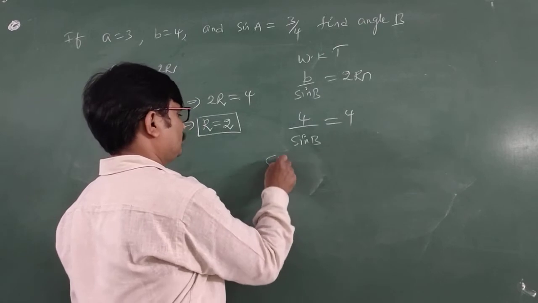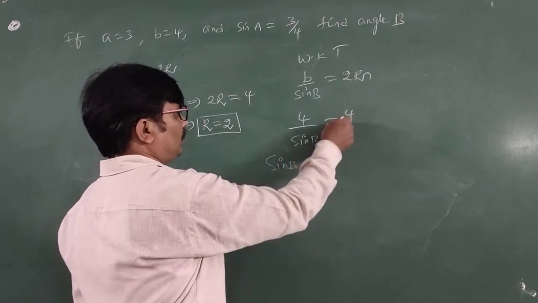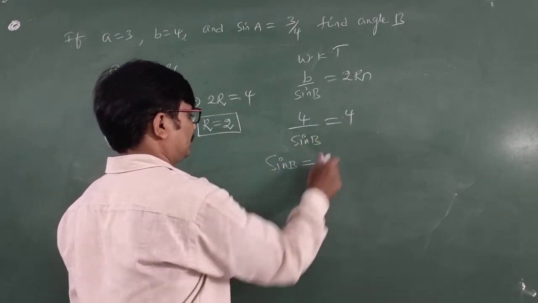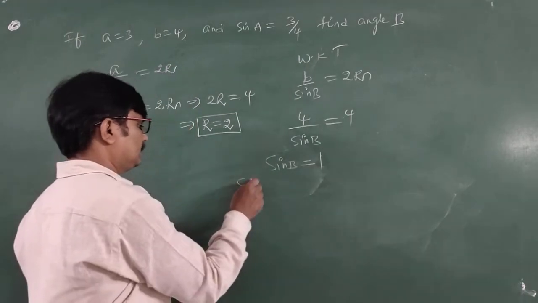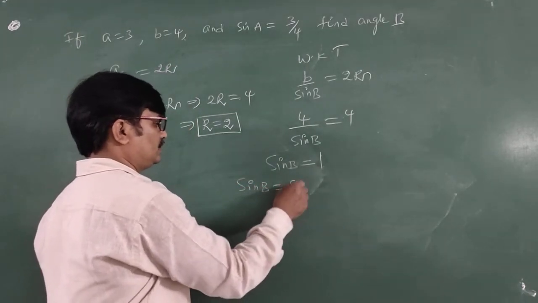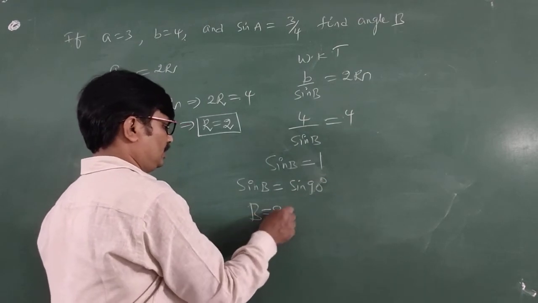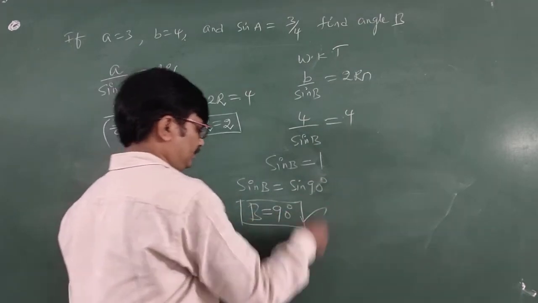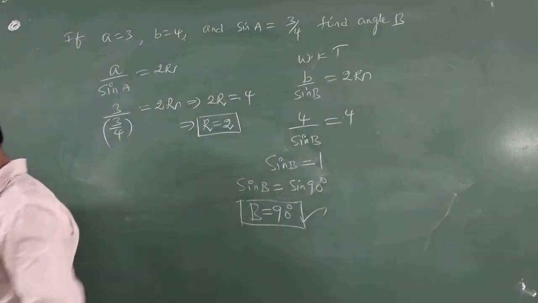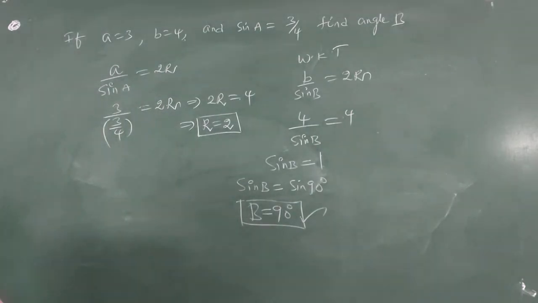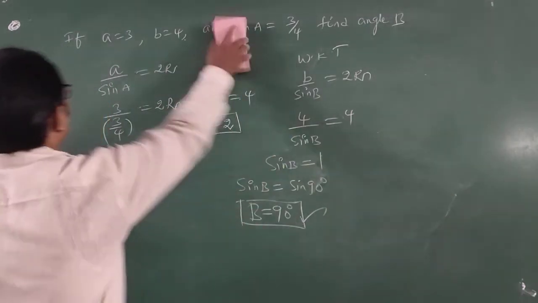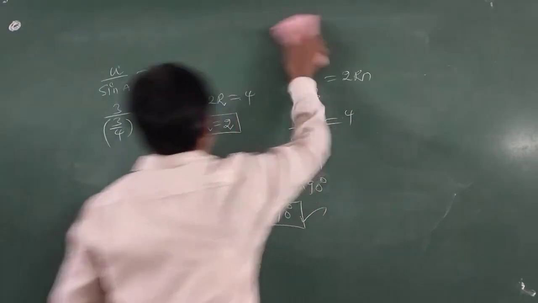Now students, we get sin B equals 4 by 4, that is 1. Everybody knows that sin 90 degrees is 1. So B is 90 degrees. Okay, students. Right now, I will take another one.